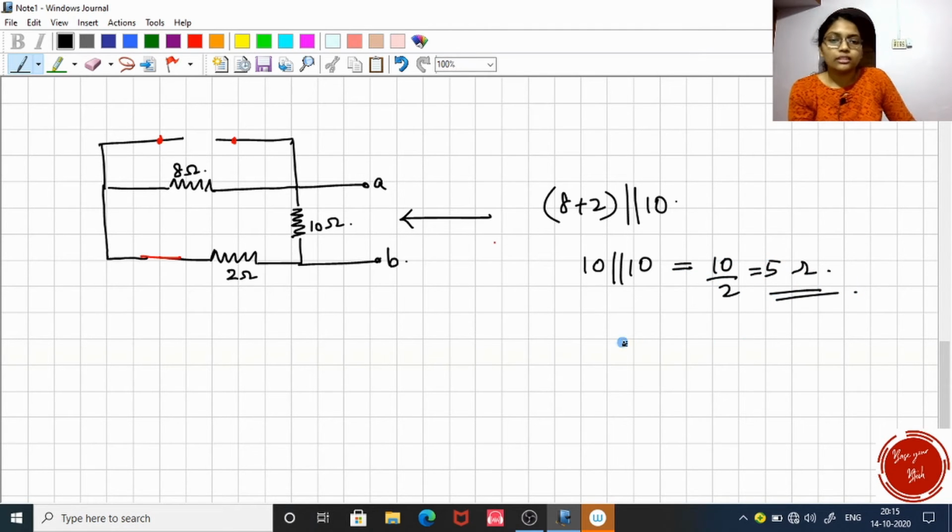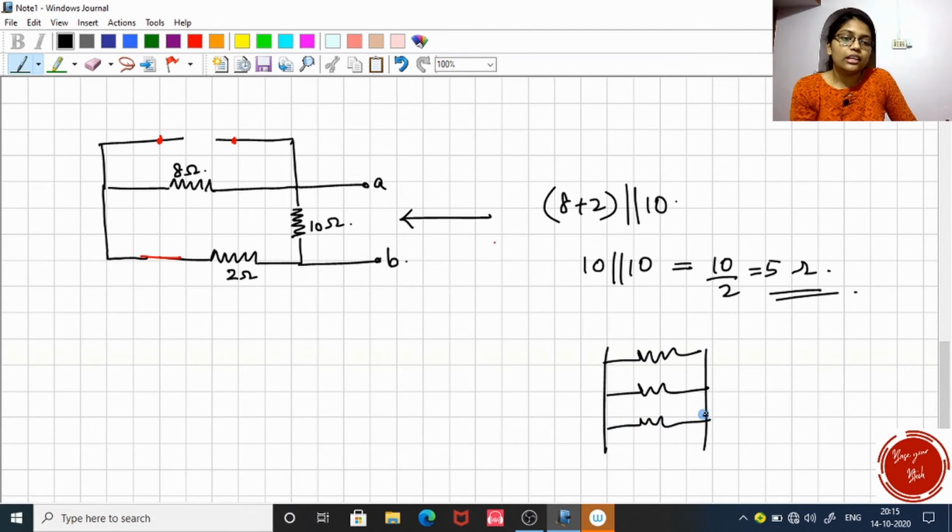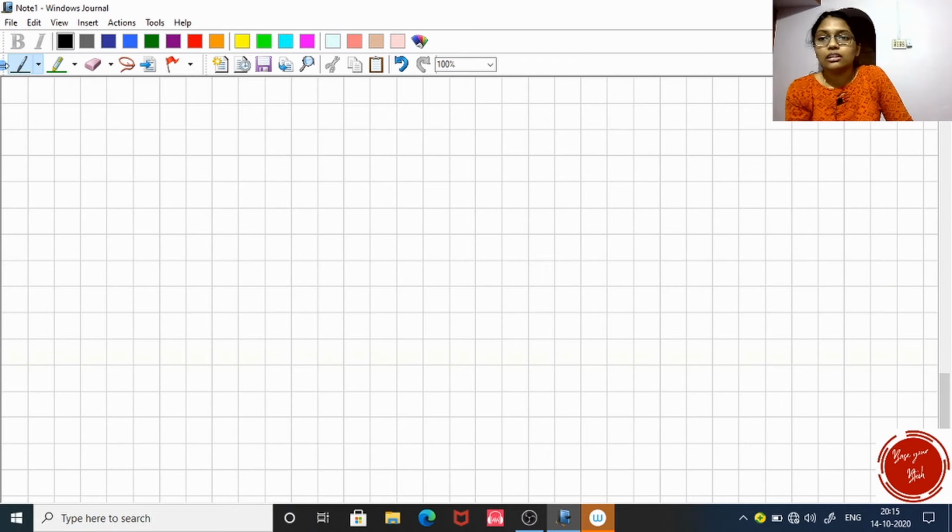Okay, there's a formula, that is, if there are n equal resistors, each of r ohm, then the net value is r by n. So here 10 divided by 2 equal resistors, so 10 divided by 2 is 5 ohms. So 5 ohms is your Rth. It's that simple. And next step is to get the value of Vth, isn't it?